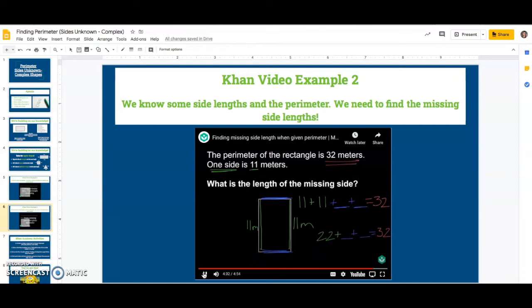So how can we equally split those 10 meters between the two sides? Half of 10 is 5. So these sides are each 5 meters. 5 plus 5 is 10. 22 plus 10 is 32. So the missing side length is 5 meters.